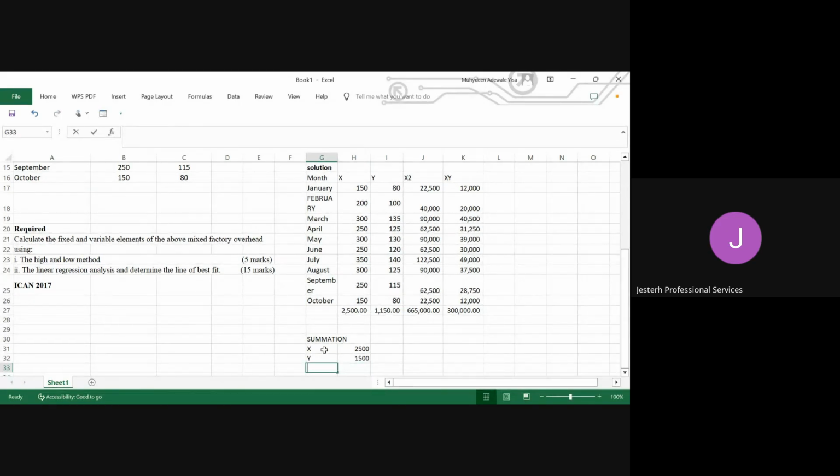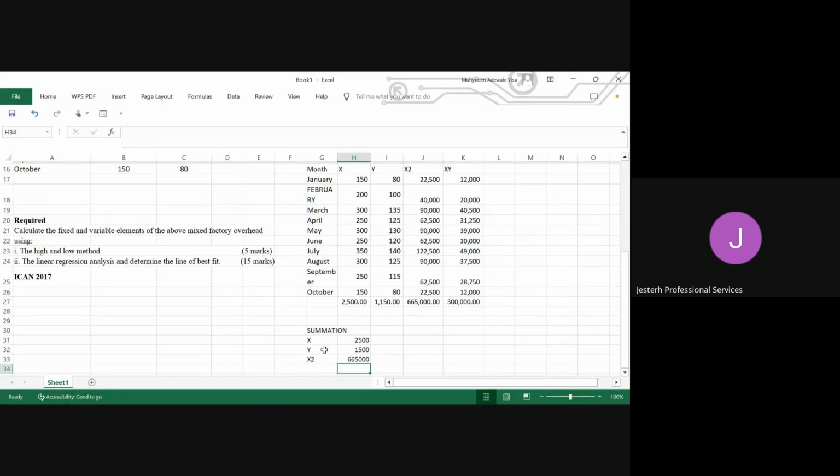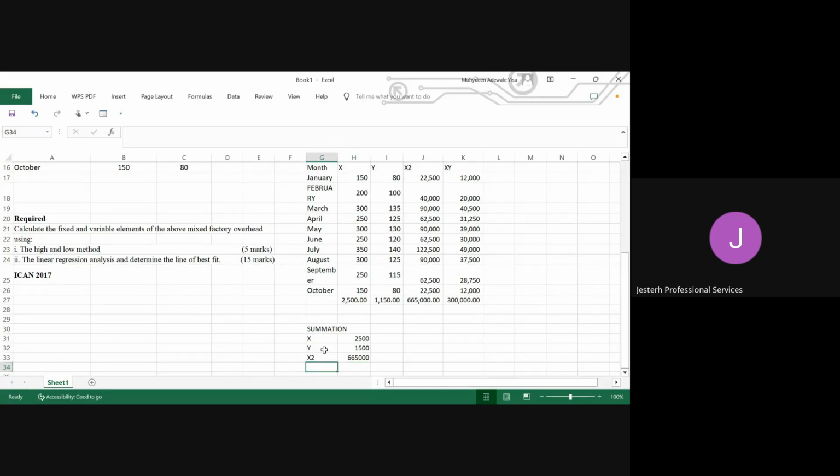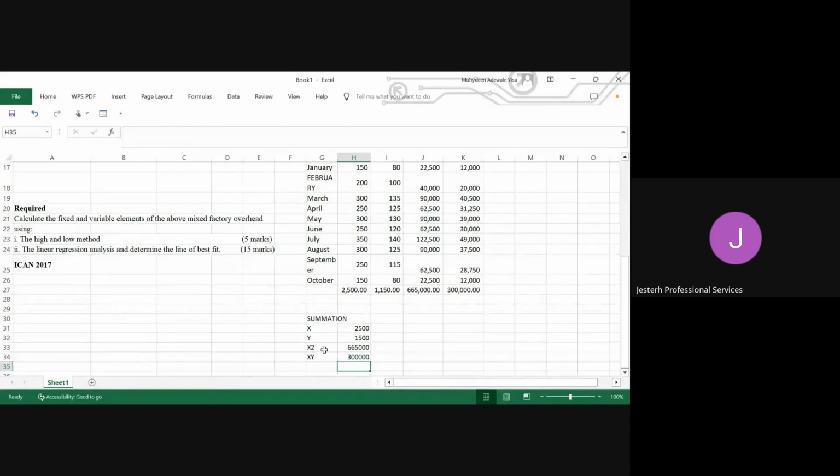The summation of x squared is, no, sorry, 665,000. While the summation of xy is 300,000.